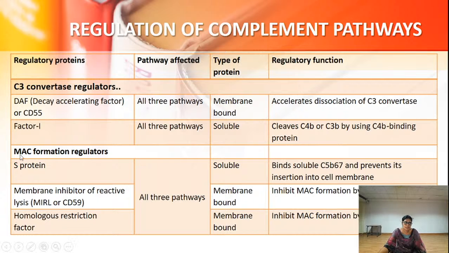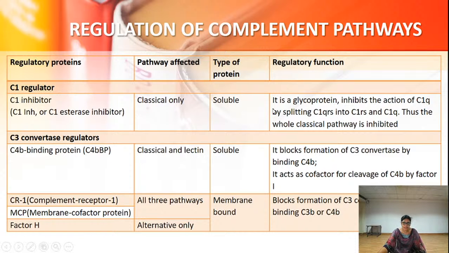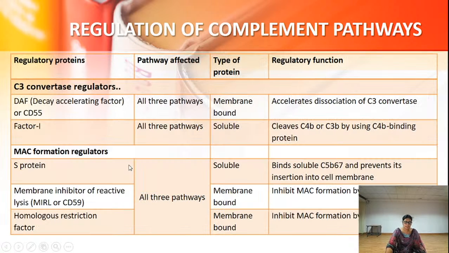And some regulatory proteins act on the MAC, the membrane attack complex, like membrane inhibitor of reactive lysis, S protein and homologous restriction factors. These factors act on the membrane attack complex formation, so they inhibit MAC formation, whereas factor I, factor H and DAF restrict the C3 convertase. The first initiator, C1 esterase, is regulated by C1 inhibitor, which acts only on C1; the remaining act on C3 convertase and on the MAC complex.